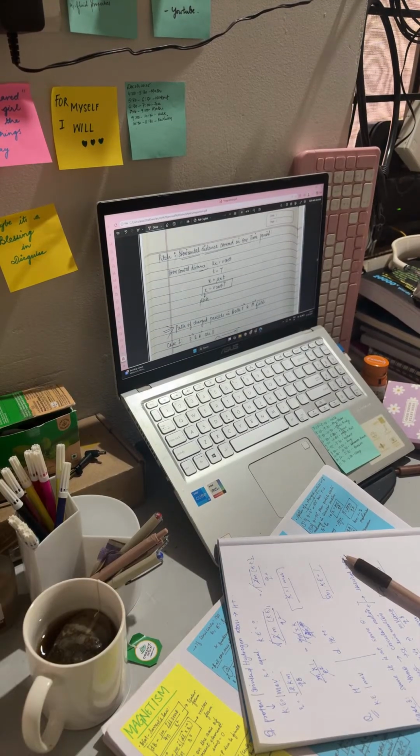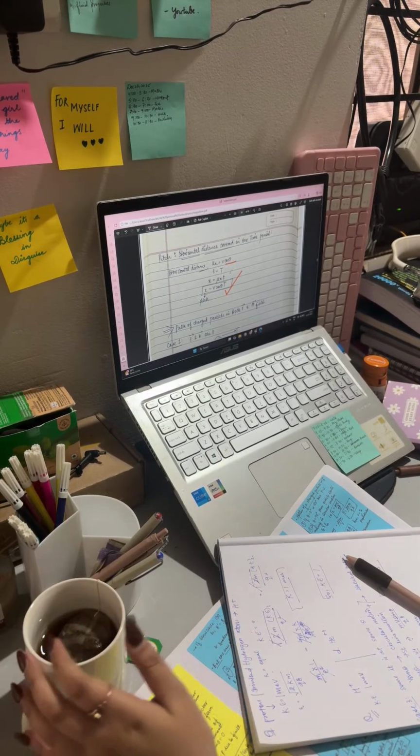Now they are talking about the horizontal distance covered in one time period. So the horizontal distance will be x, which will be equal to v cos theta into T. So x is equal to v cos theta into T, which is the pitch.